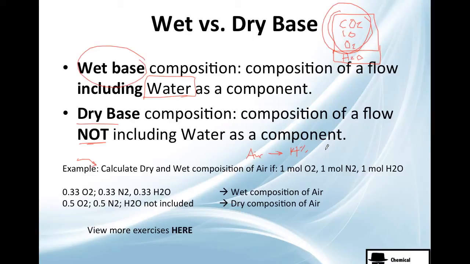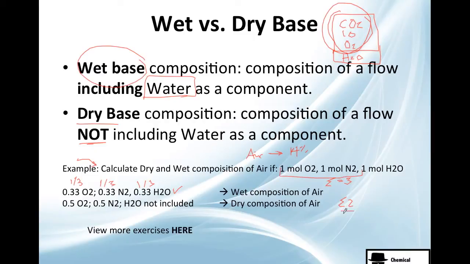So let's see. We have 1 mole of O2, 1 mole of N2, and 1 mole of water. They tell you please calculate the wet composition. That means we include water, so the total moles will be 3. We add them, it's 3, so 1/3 of each. This is the wet composition. But what happens when we only count oxygen and nitrogen?